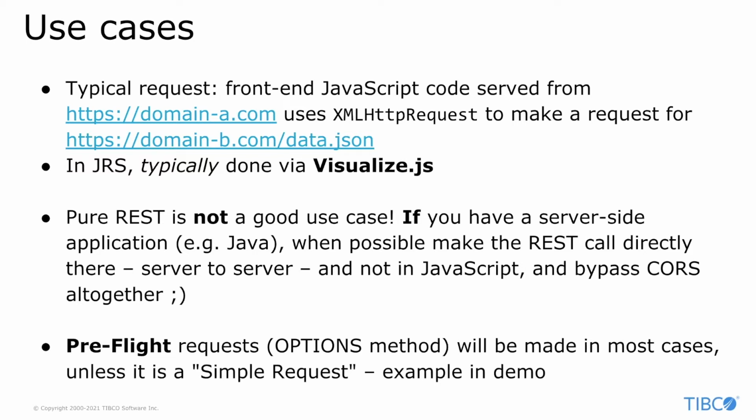So one thing I wanted to mention here is that sometimes you don't have to use CORS, right? And you can bypass it completely. So if you have a server-side application, for example, in Java or Python or whatever your language is, when possible, make the REST call to JasperReports Server directly, server to server. So in that case, the client is not involved in that exchange, and so there's no CORS.